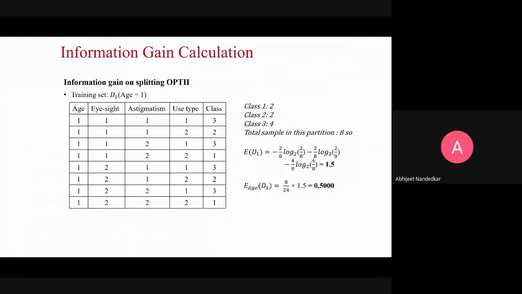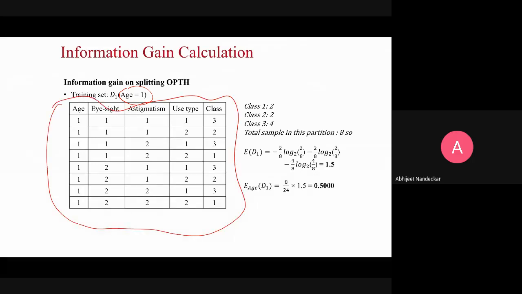So information gain on splitting with age. So age equal to 1, you will get this table. Okay, so there are two samples that belong to class 1, two samples belong to class 2, and four samples belong to class 3.